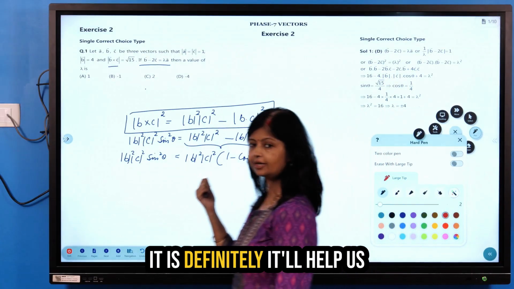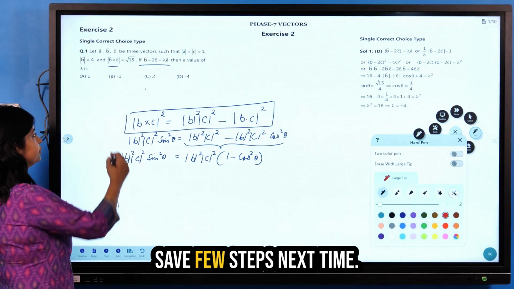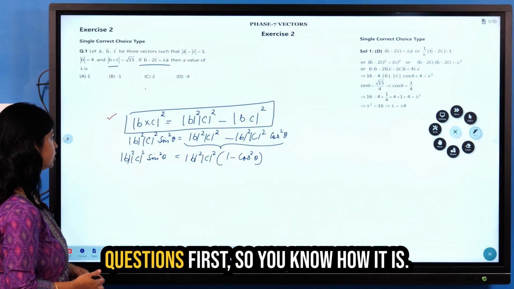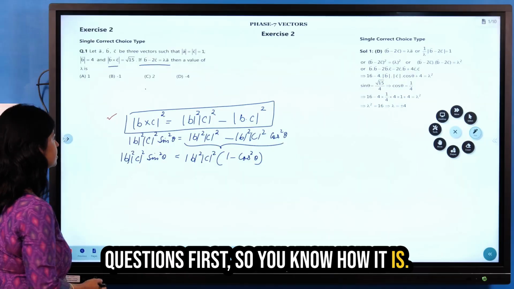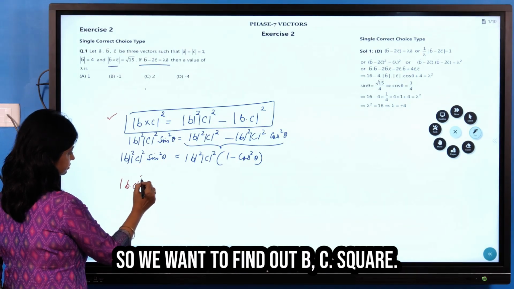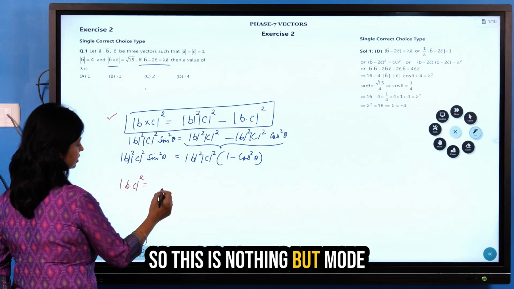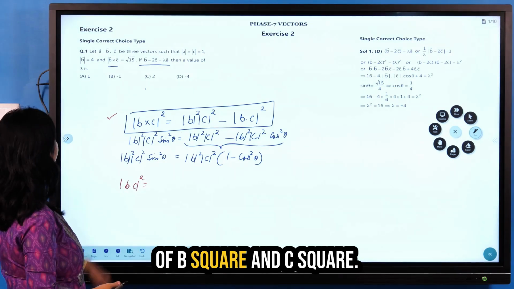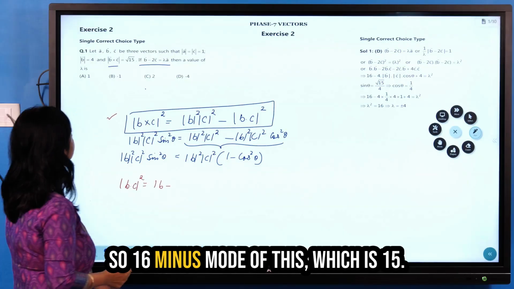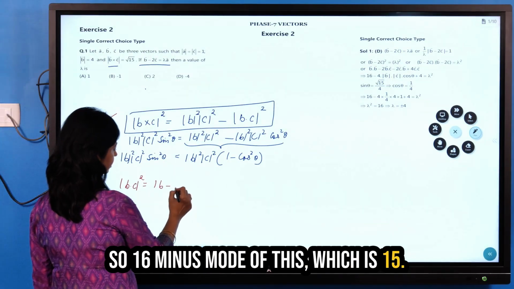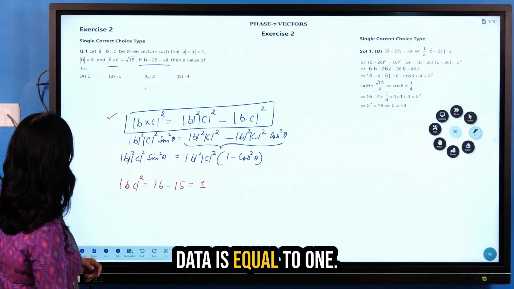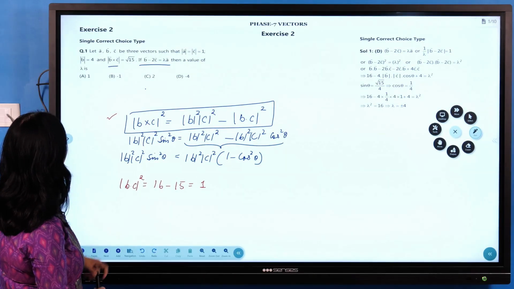Okay. So we'll just use it. It will definitely help us save a few steps next time, but because we are doing the basic questions first, you know how it is. So we want to find B dot C square. This is nothing but mod of B square times C square, so 16, minus mod of B cross C square, which is 15.